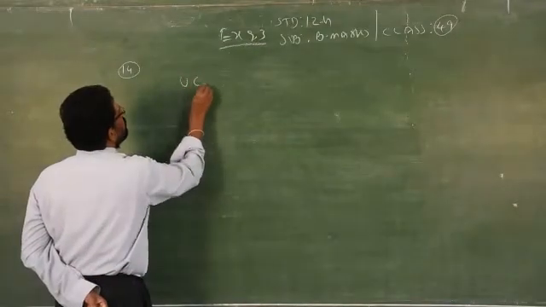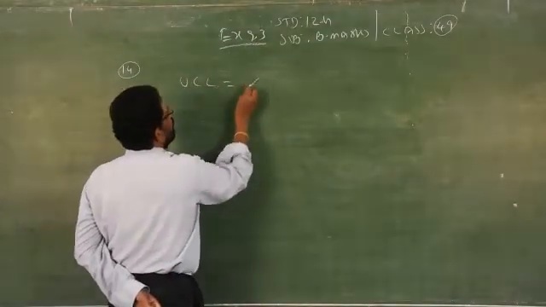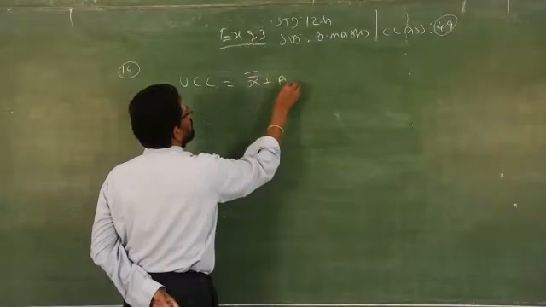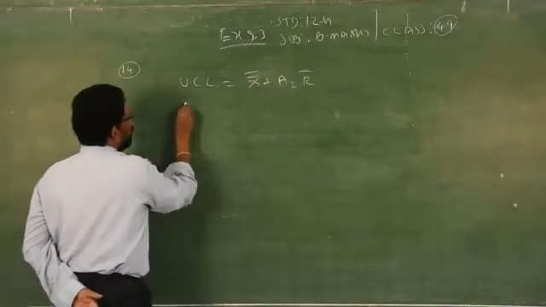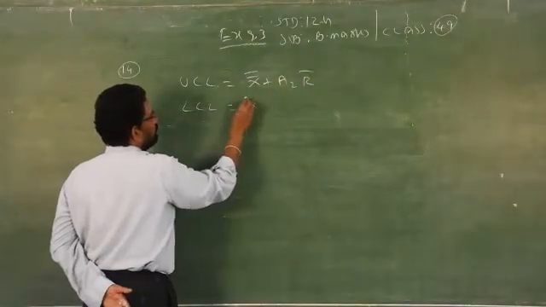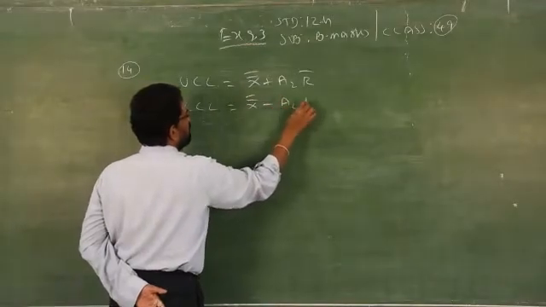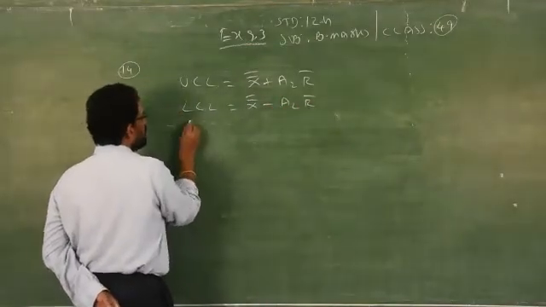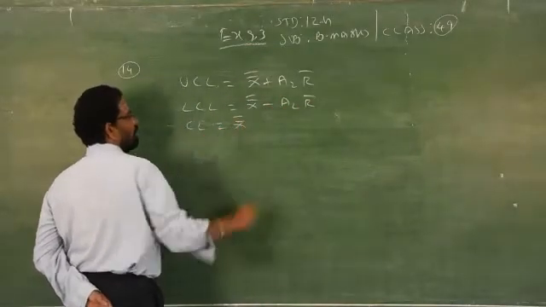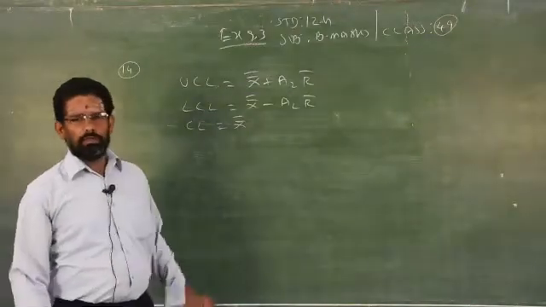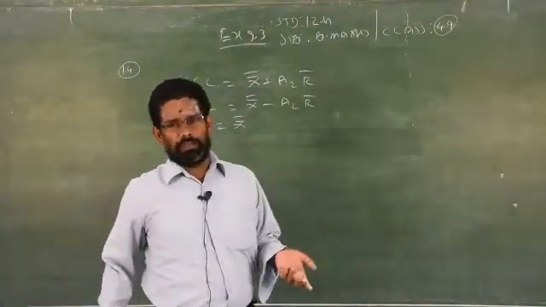The formula is UCL equal to x double bar plus A2 R bar. LCL is equal to x double bar minus A2 R bar. Then CL; CL is x double bar, that is the mean. You have to find the mean of means. Clear?